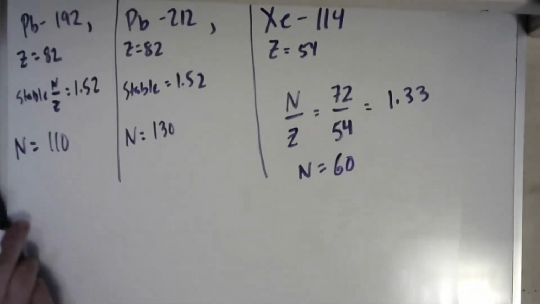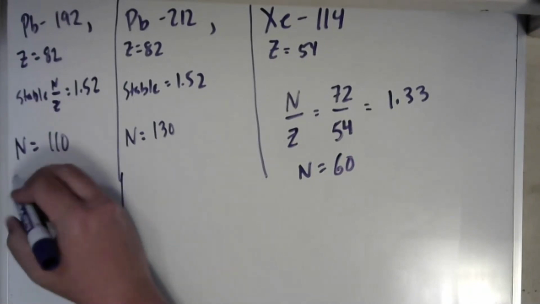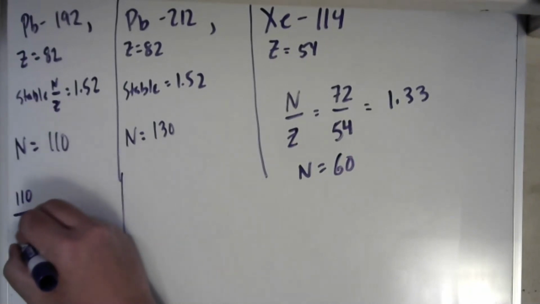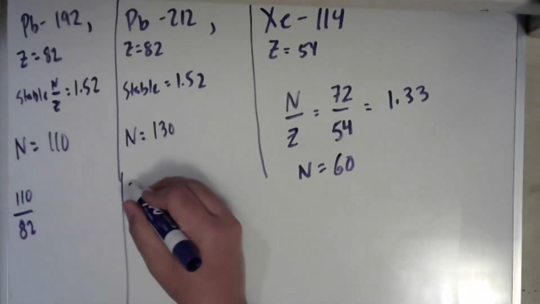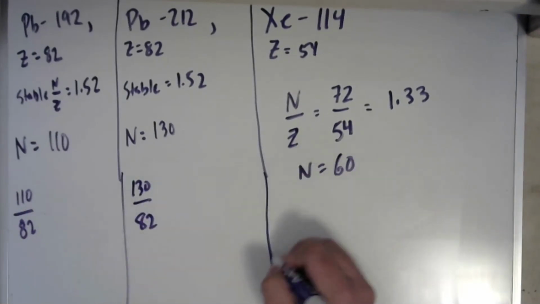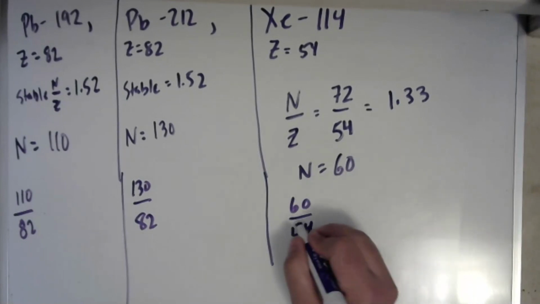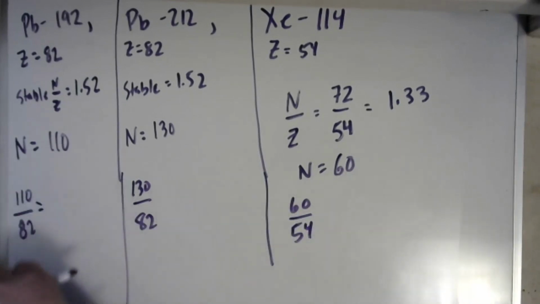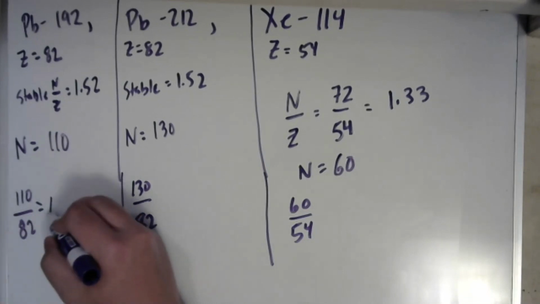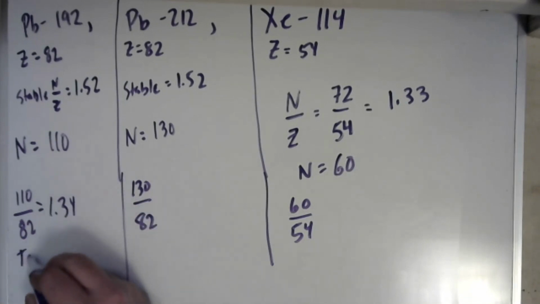Now we can calculate these N to Z ratios. This is going to be 110 over 82, 130 over 82, and 60 over 54. So the first is going to be 1.34. This is going to be too low.